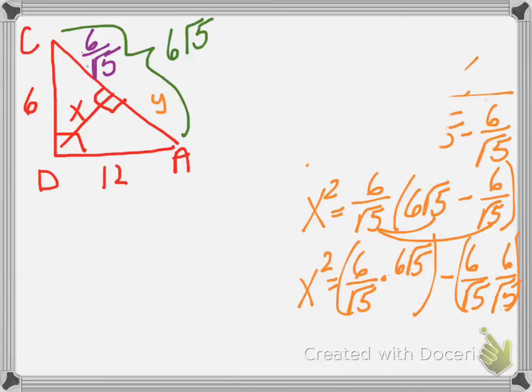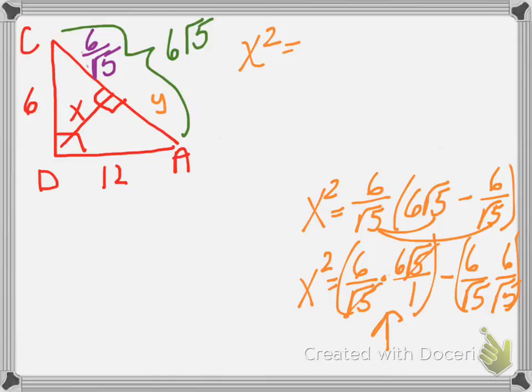Okay, x squared equals, I'm working on this part right now. If I put this over 1, you can see that the radical 5's cancel, and we're left with 36. Minus, now I'm doing this part. I'm just going to multiply straight across.